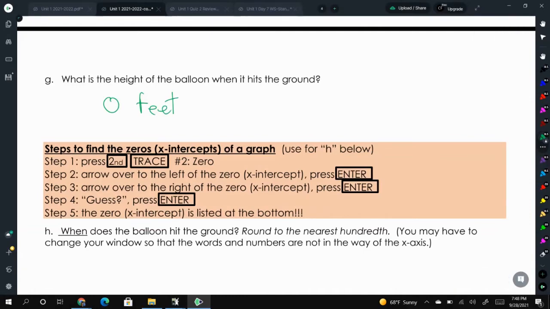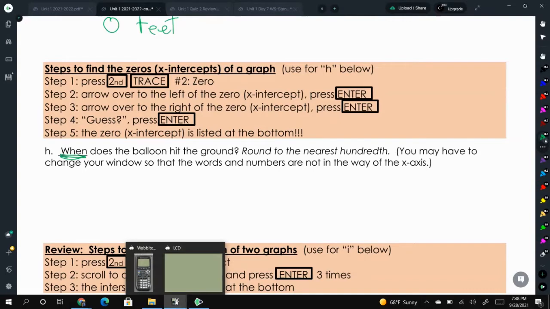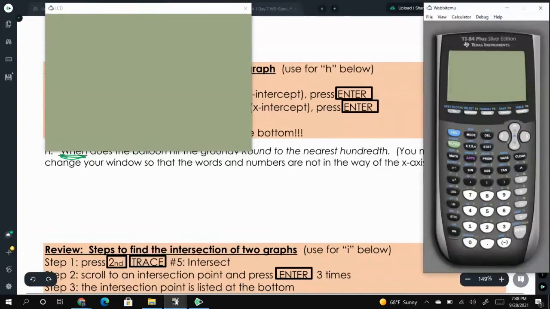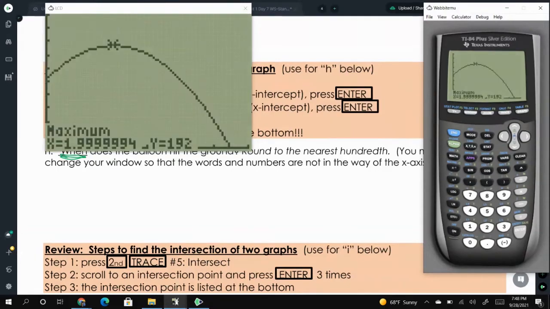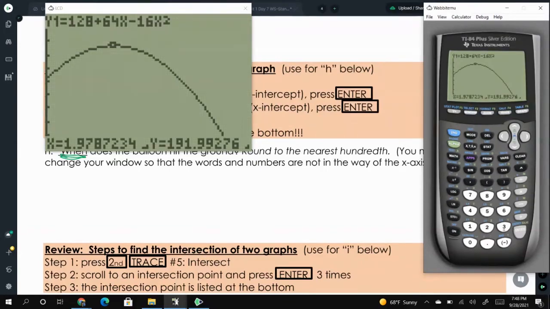Now, the more difficult question is down here. When? So how much time has passed before the balloon has hit the ground? And if you look at the graph again, you can see that the balloon hits the ground, maybe around, okay, after 5 seconds, we're at 48, but then after 6 seconds, we're at negative 64.